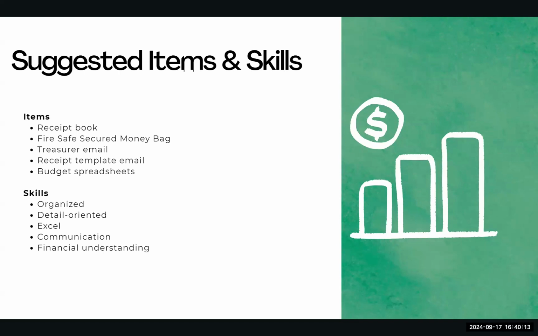And a receipt template email. So when you're sending a receipt to the members of the organization, having some template language for those situations as well. And budget spreadsheets. I'm going to show you some example budget spreadsheets and some resources on our website that can help you as well with keeping up with your budgets in case you need some help in that area.